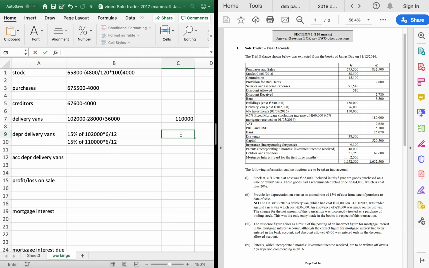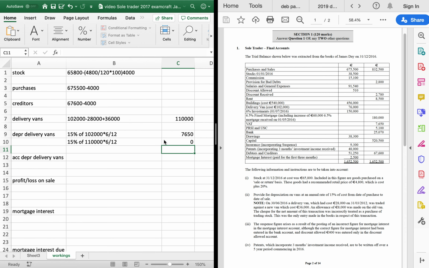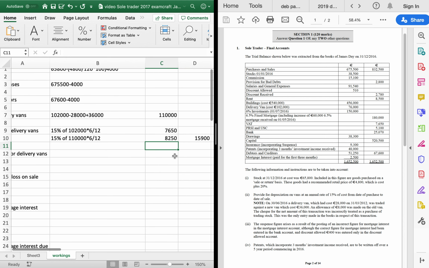We can work that out: 15% of 102,000 by 6/12, and 15% of 110,000, also by 6/12. Okay, 8250, and we add the two together. That is 15,900.